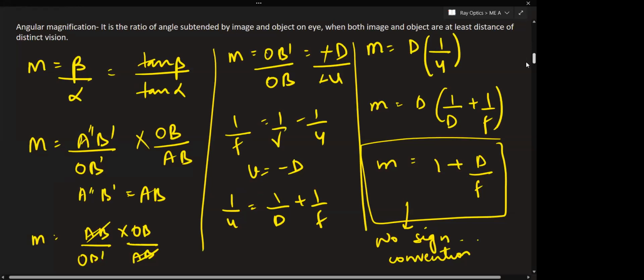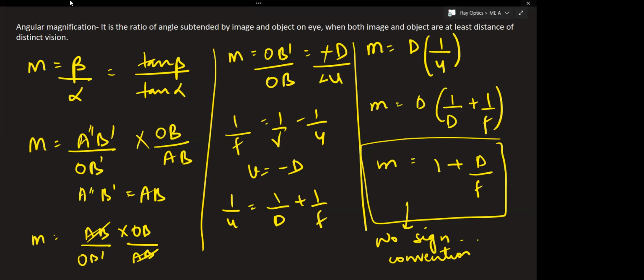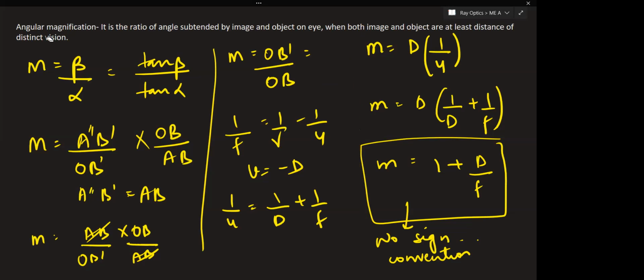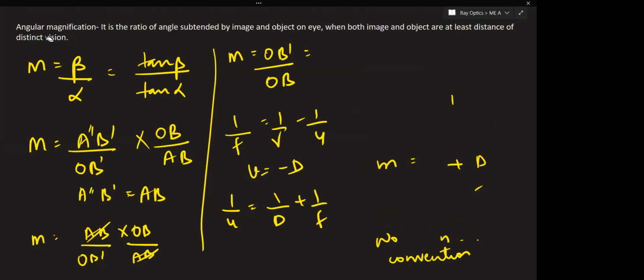Tan beta by tan alpha, these derivations will be the same. But see class, one thing, what will be the difference? Instead of the image distance, you will directly get your answer with the object distance. I'll just show. No need of all these steps.